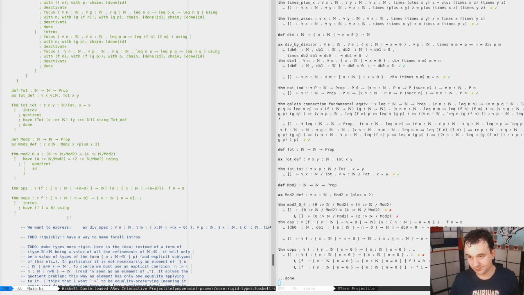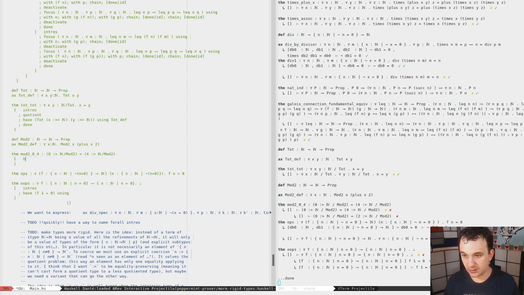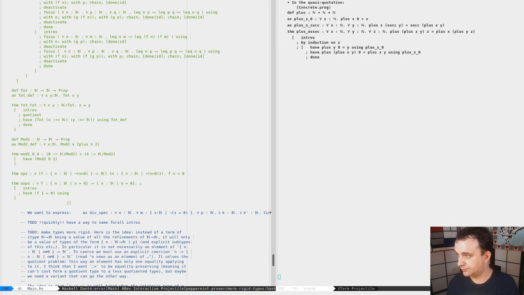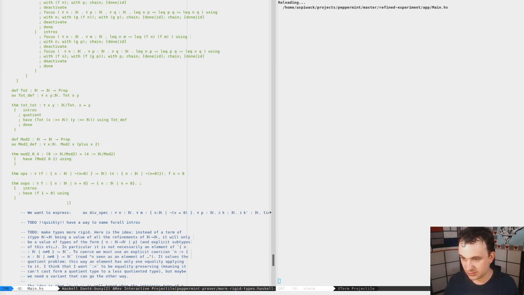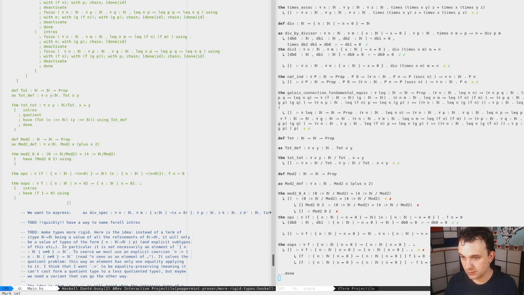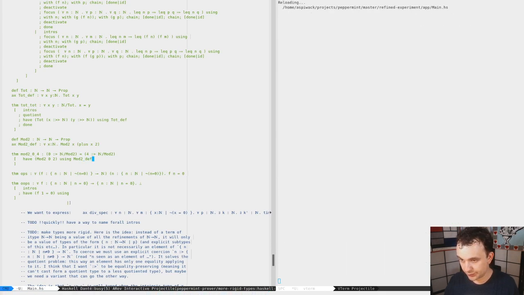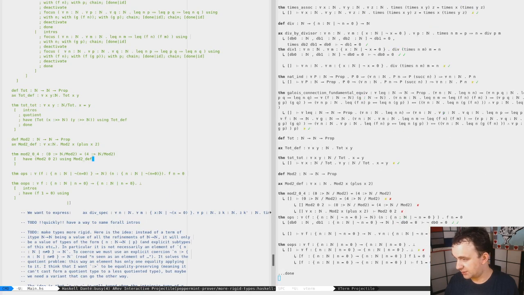So maybe we have to say something like we have 0 mod 2 is 0. I will really want to make that more user-friendly soon, using nothing at all, because it's just being mod 2 by definition, really. That's not going to be sufficient.